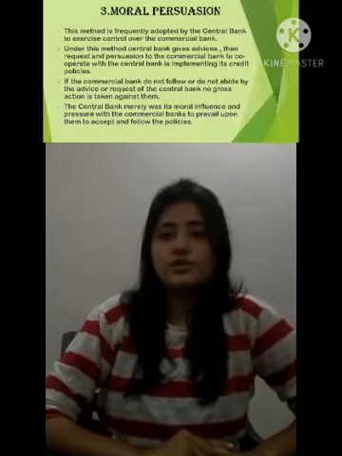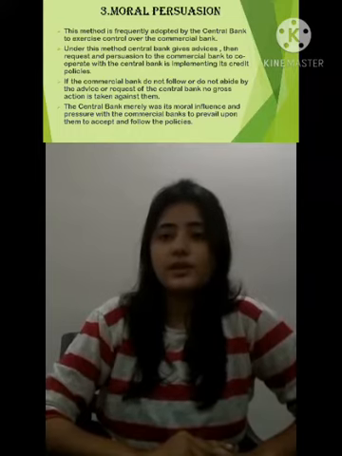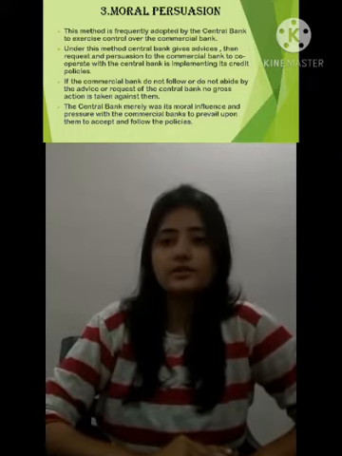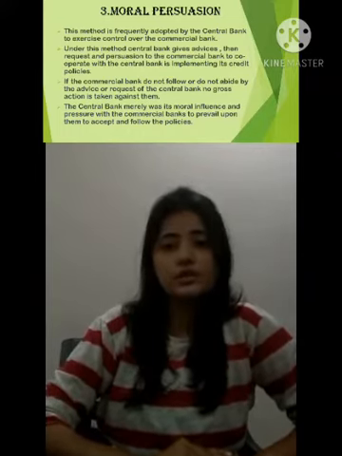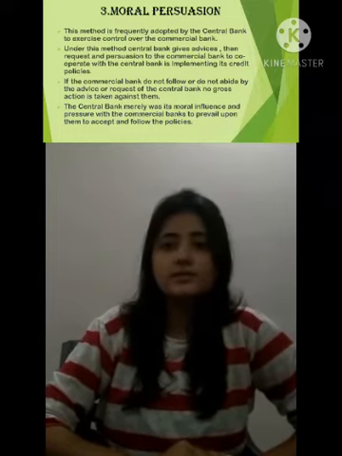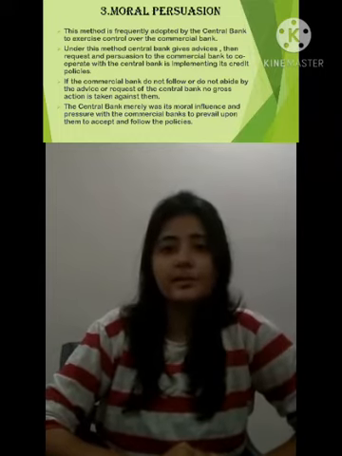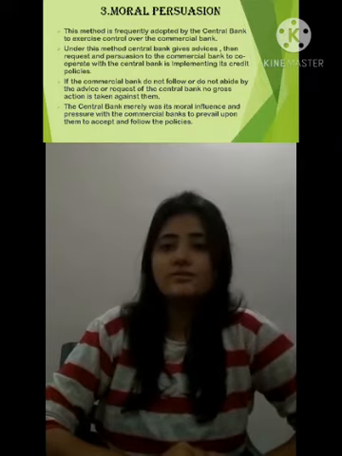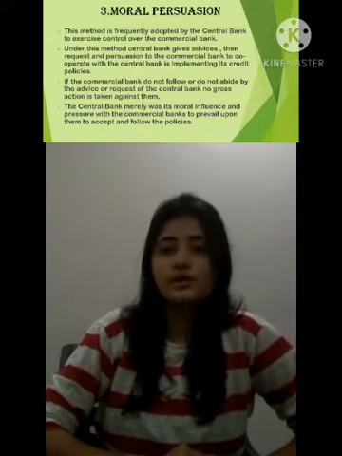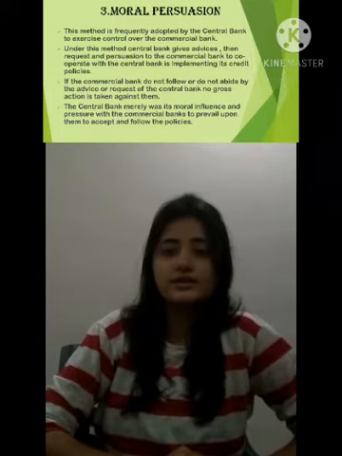Third, moral persuasion. This method is frequently adopted by the central bank to exercise control over the commercial banks. Under this method, the central bank gives advice, requests and persuasion to commercial banks to cooperate with the central bank in implementing its credit policies.